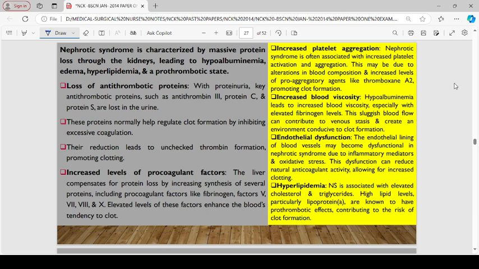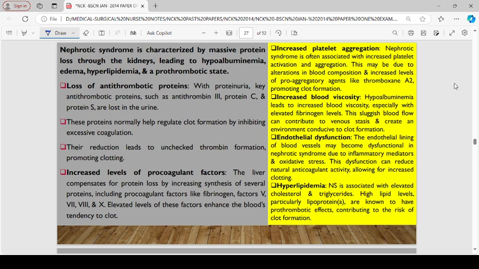Increased platelet aggregation in nephrotic syndrome is associated with increased platelet activation. This may be due to alteration in blood composition and increased levels of aggregating agents like thromboxane A2, promoting clot formation.